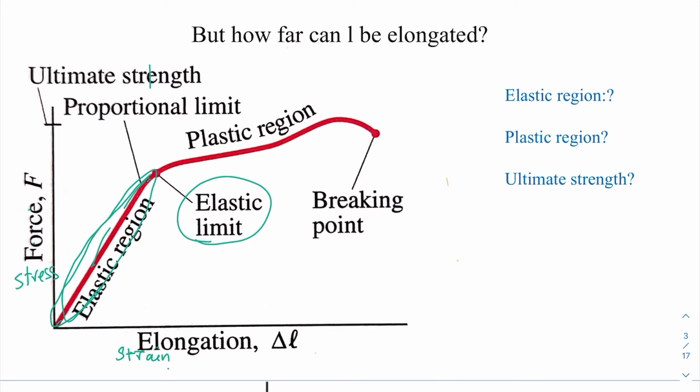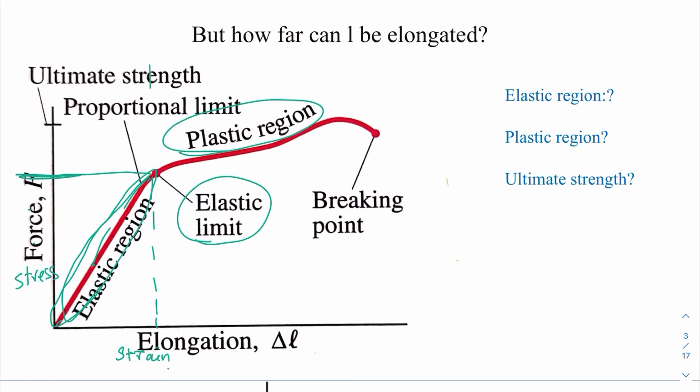If we increase the force until this point, the elongation or change in length or size will be directly proportional to the force. But if we exceed this area and increase the force even further, what will happen? We will enter the plastic region of the material.